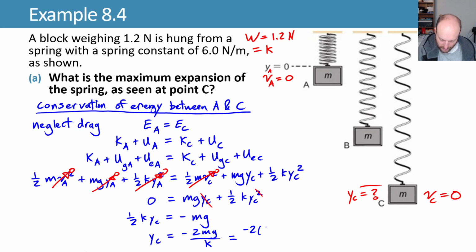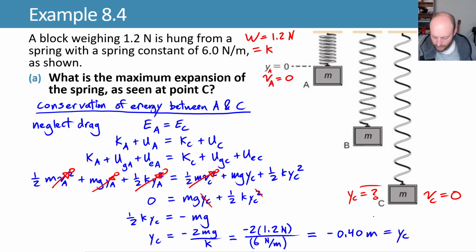Mass times gravity is 1.2 newtons, and k was 6 newtons per meter, which means that the newtons cancel. 1 over meters gives us meters, and we have negative 0.4 meters. And that's our yC. Lovely.